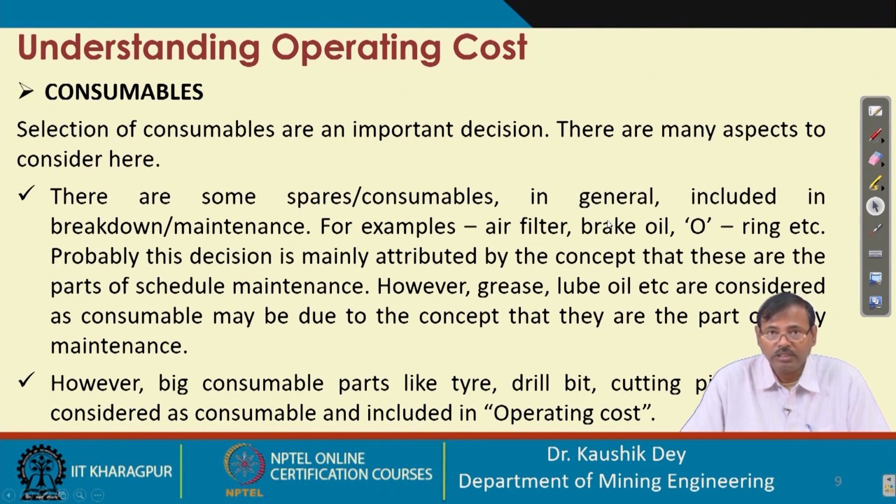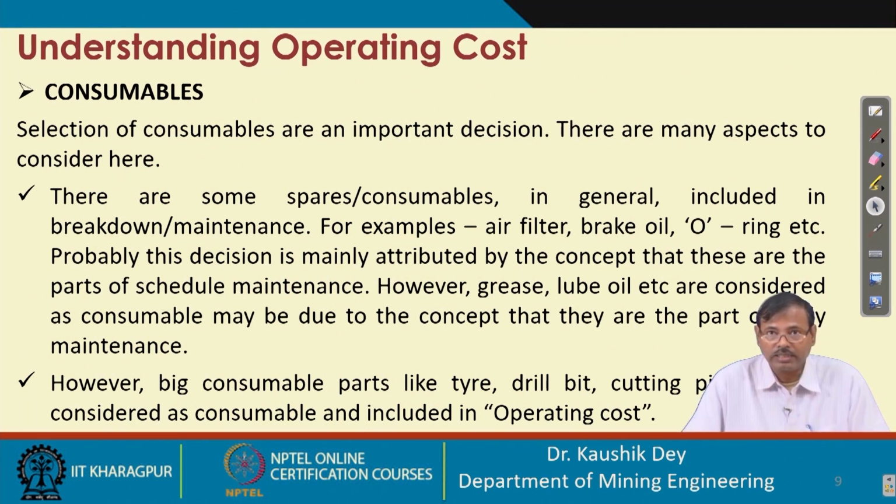Now, the understanding of consumables, placing in this particular consumable group is very problematic. Many people may ask why the schedule maintenance parts, that is also consumption, will not come here. But there are some spare parts or consumables which are included in the breakdown maintenance, because we do not observe its condition, we replace it periodically.